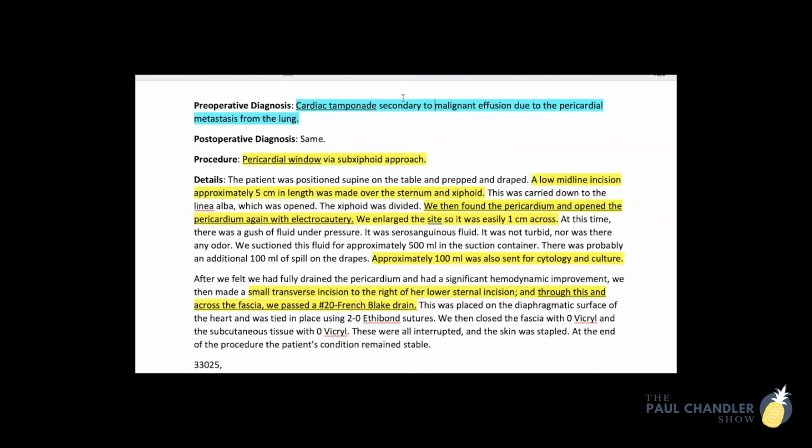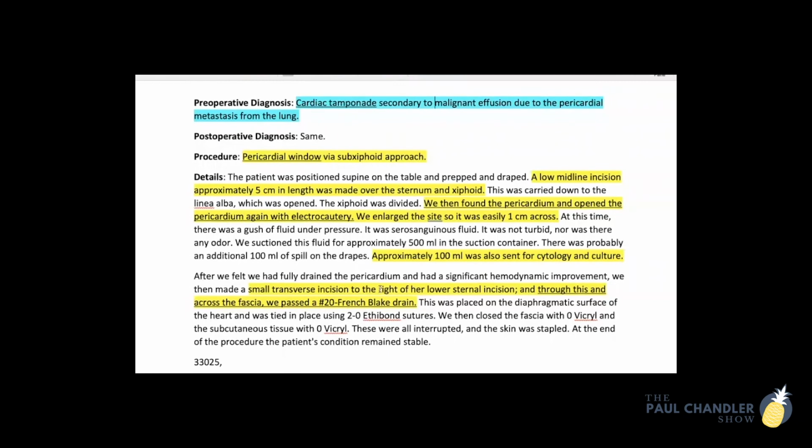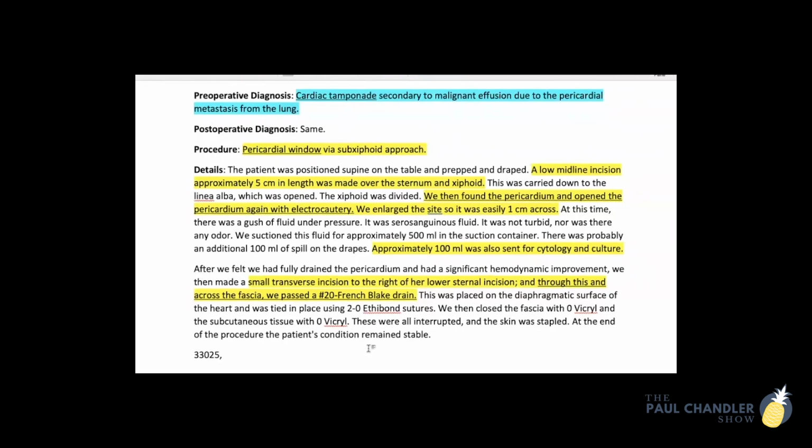And so that is a valid code, but then we have code first, underlying cause. So I'm still typing I31.4 to begin with, since that is a valid code, but I have a code first rule. Again, code first the underlying cause, so that other code that I need gets coded first. And then we have the phrase how it's secondary to malignant effusion due to the pericardial metastasis from the lung.